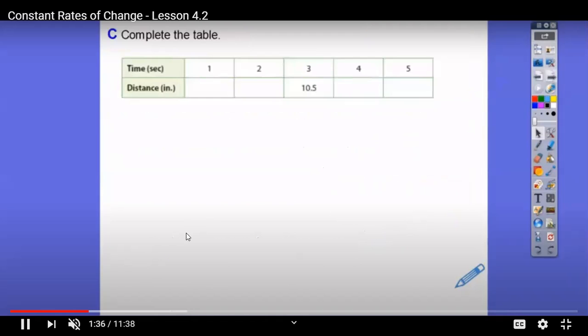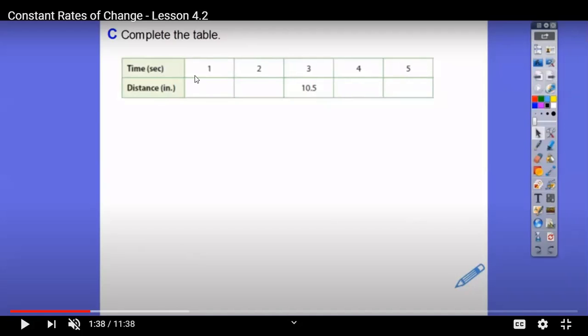If I want to complete this table, we are going to put the time on top, and down we are going to put the distance. The time will be after 1 second, 2 seconds, 3 seconds, 4 seconds, 5 seconds, and so on.